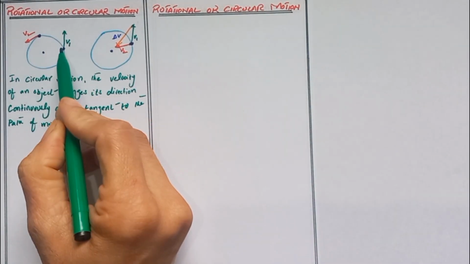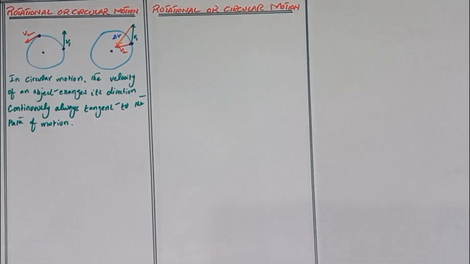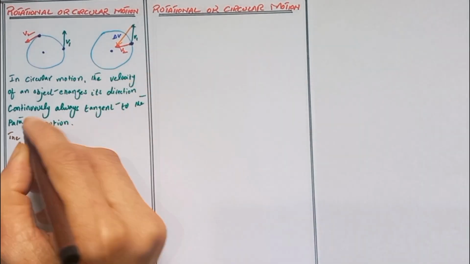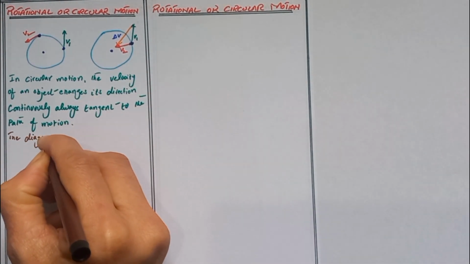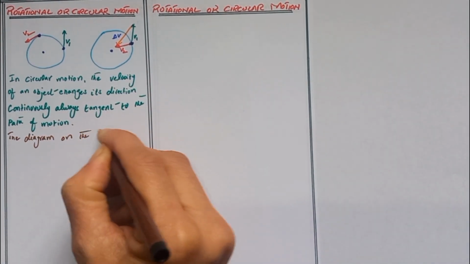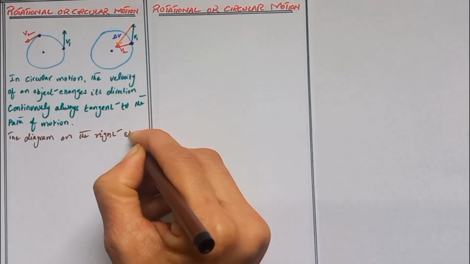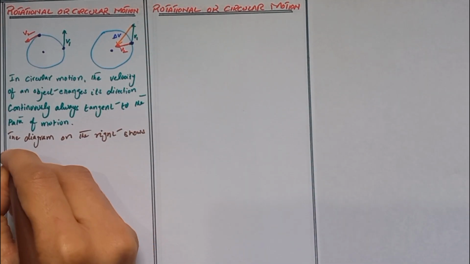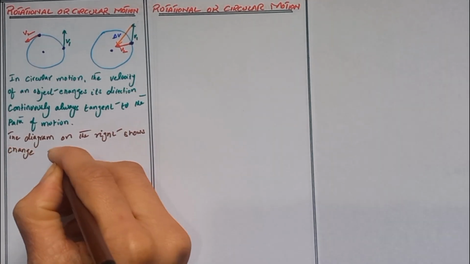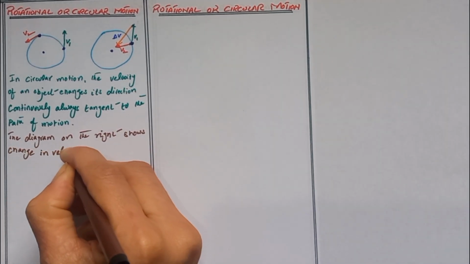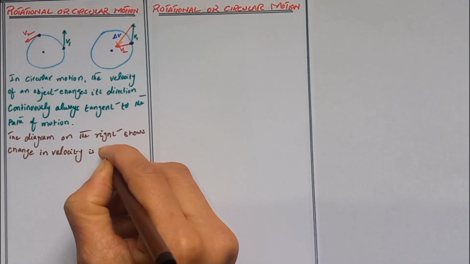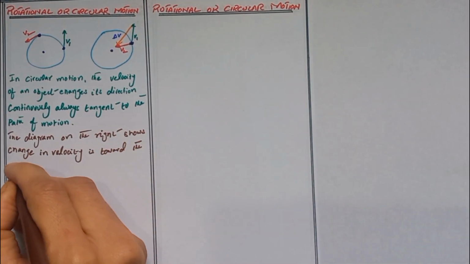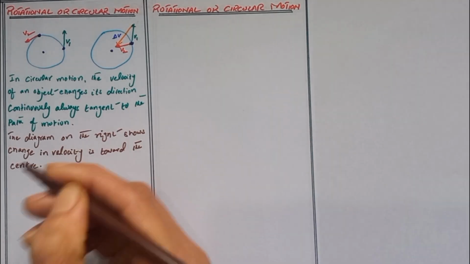Here the velocity of the object is along the tangent of its path. The diagram on the right shows that the change in velocity is directed toward the center.